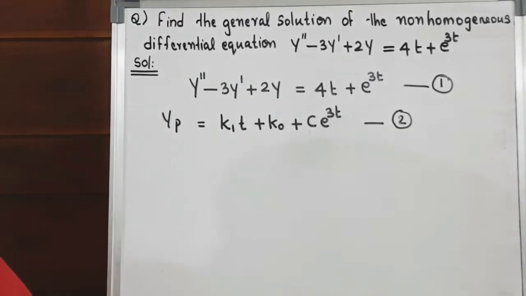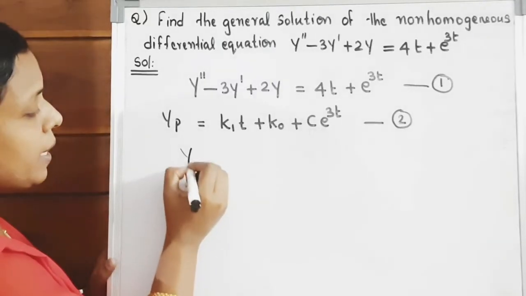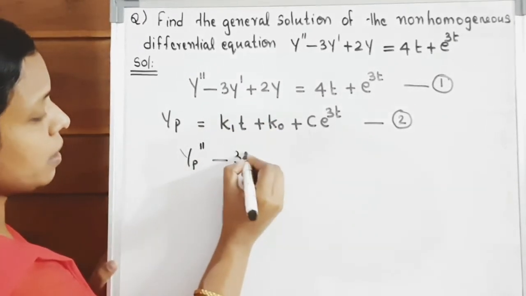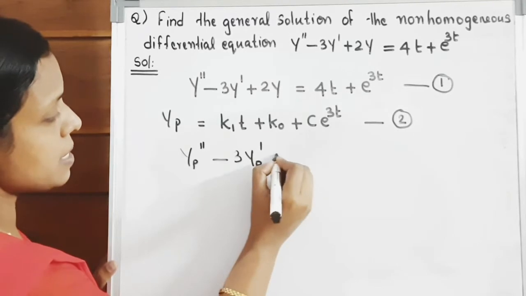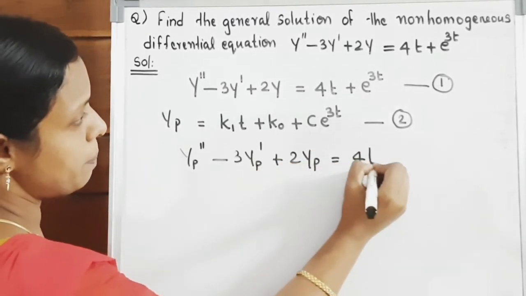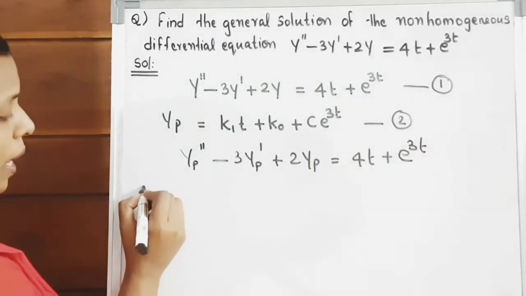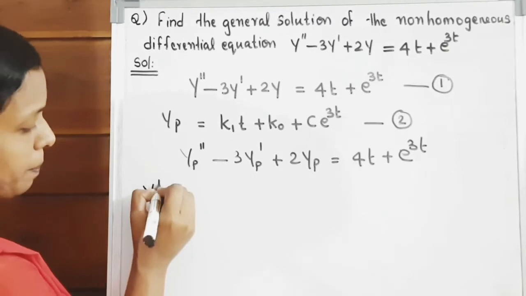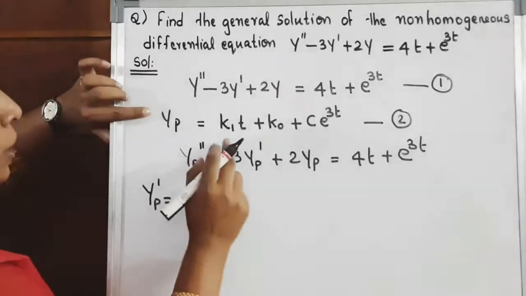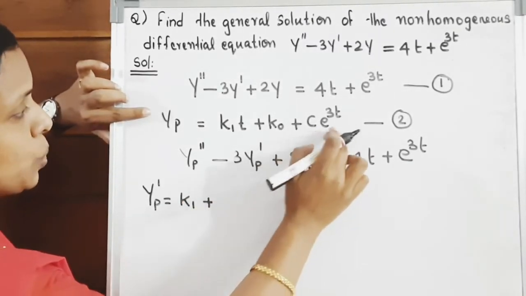Since yp is the solution of equation 1, equation 1 can be written as yp double dash minus 3yp dash plus 2yp equal to 4t plus e raised to 3t. First we find yp dash. yp dash is equal to k1 plus 3c e raised to 3t.